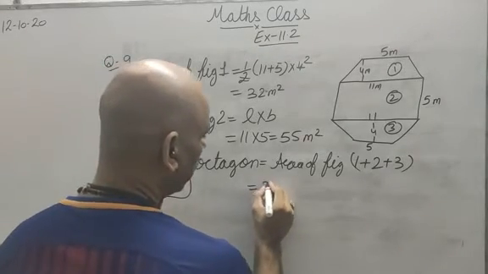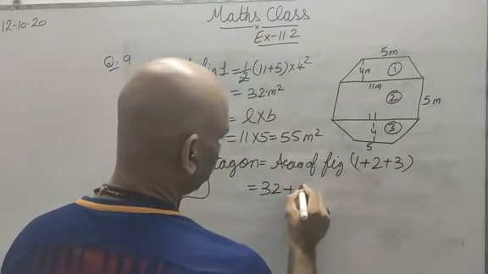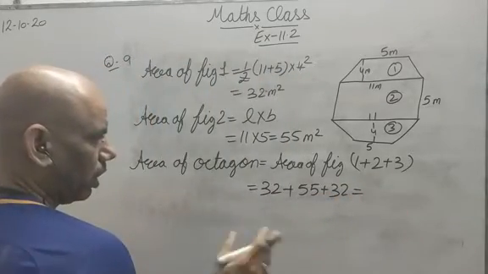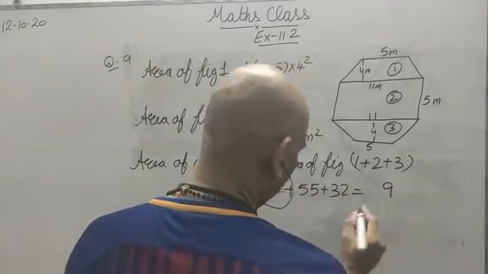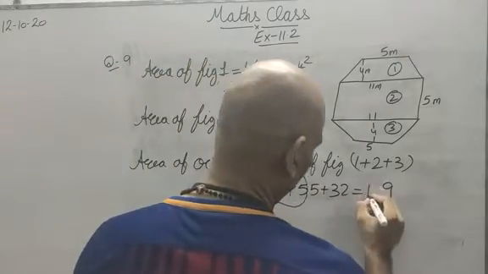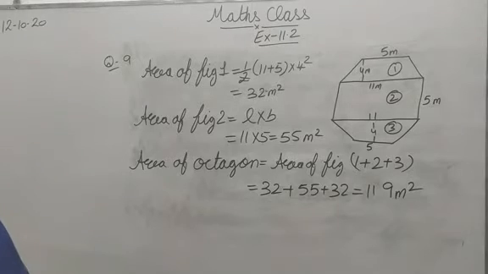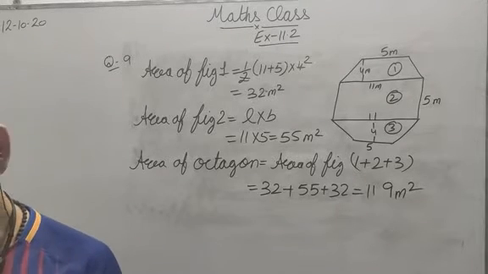Area of figure 1 is 32, figure 2 is 55, and figure 3 is also 32. 2 and 2, 4 and 5, 9, 3 and 3, 6 and 5, 11. 119 meter square will be the area of this octagon.